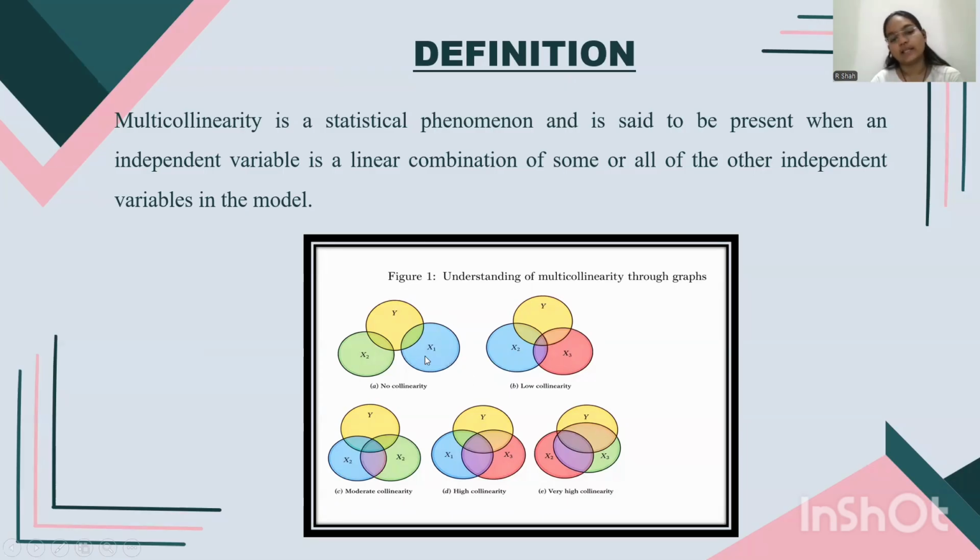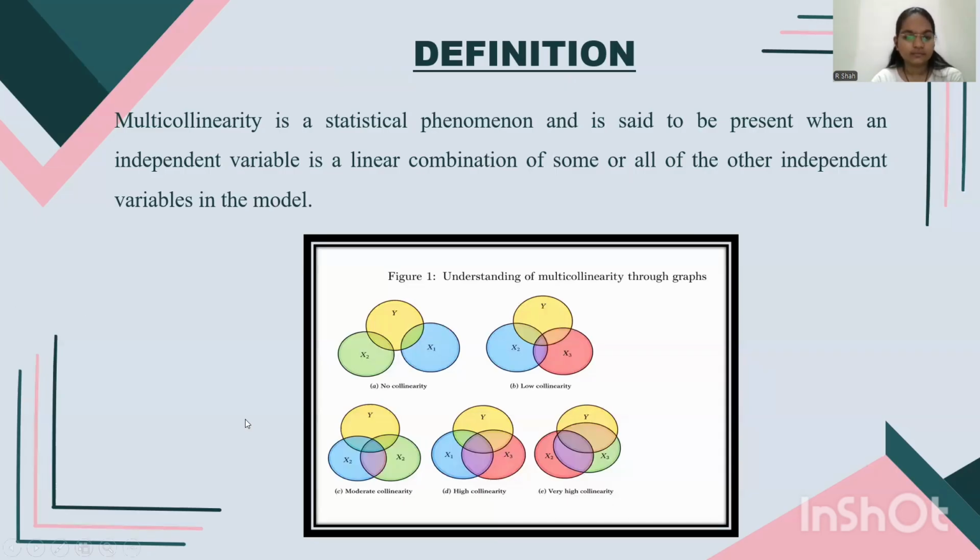Here, we consider X1 and X2 as two independent variables. When two independent variables are linearly related, we say there is collinearity. But when one independent variable is linearly related to more than one other independent variable, we say that is multicollinearity.